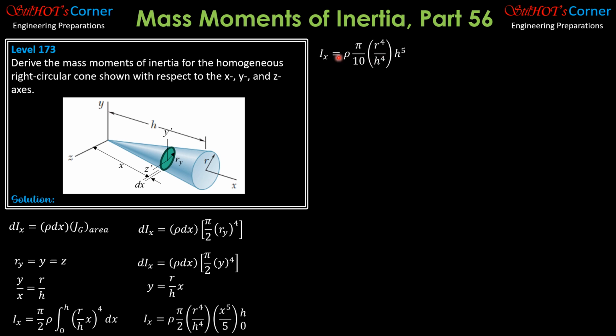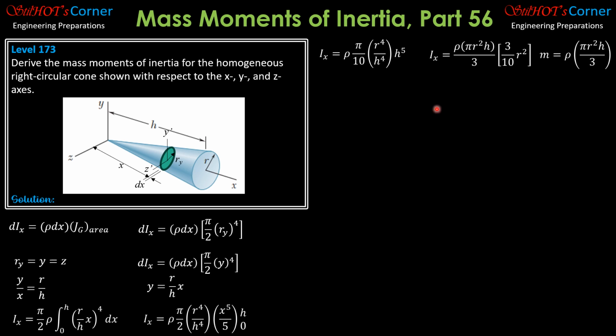So let's have density times volume, pi over 3 r square h, so what's left would be 3 tenths r square. Noting that density times pi over 3 r square h is mass, Ix equals density pi r square h over 3 times 3 tenths of r square. Take note that this is the mass of the cone, density times volume of the cone. Therefore, Ix is 3/10 mass r square.